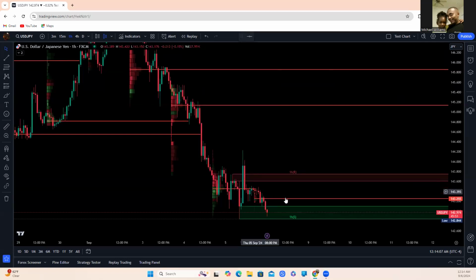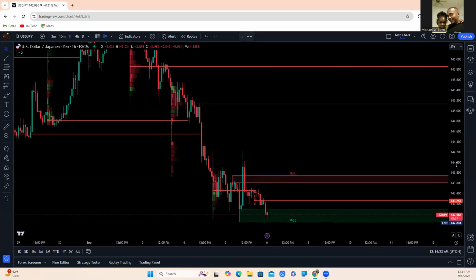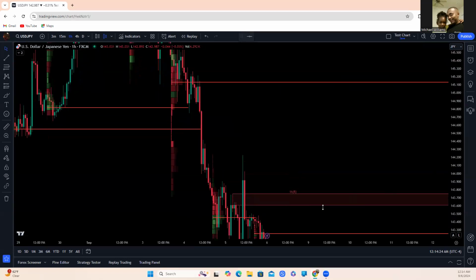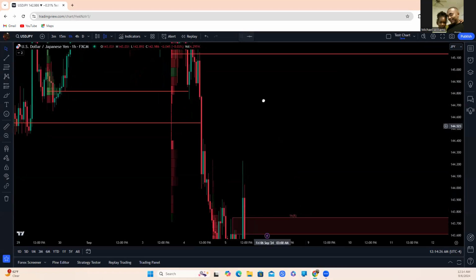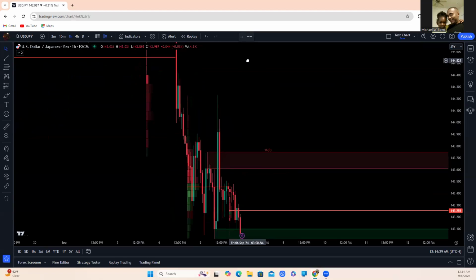And the main thing that I wanted to utilize was the point of control. So you can't really see it, but this is today's volume profile right here from today's trading session. I'll try to blow it up real quick so you can see it a little bit. But again, the main thing that we're looking for here is the point of control.